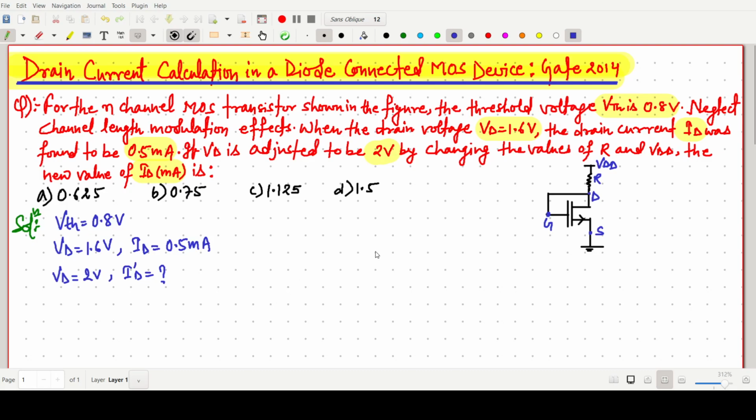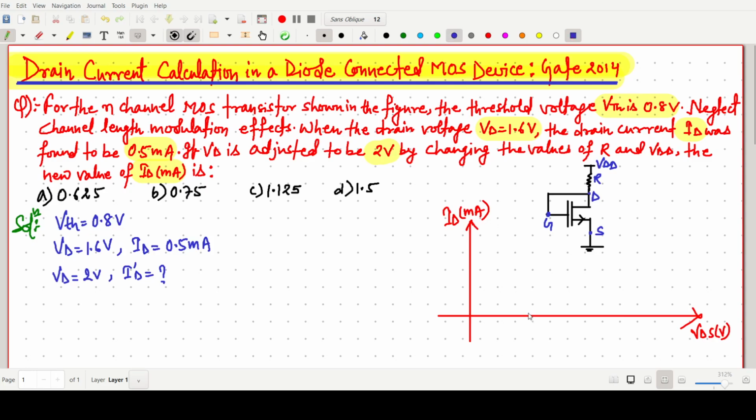We have to first decide in which mode the transistor is operating, either saturation or linear. As we know the ID-VDS characteristics, I am just drawing them. This vertical axis is our y axis, ID, and this is VDS in volt.